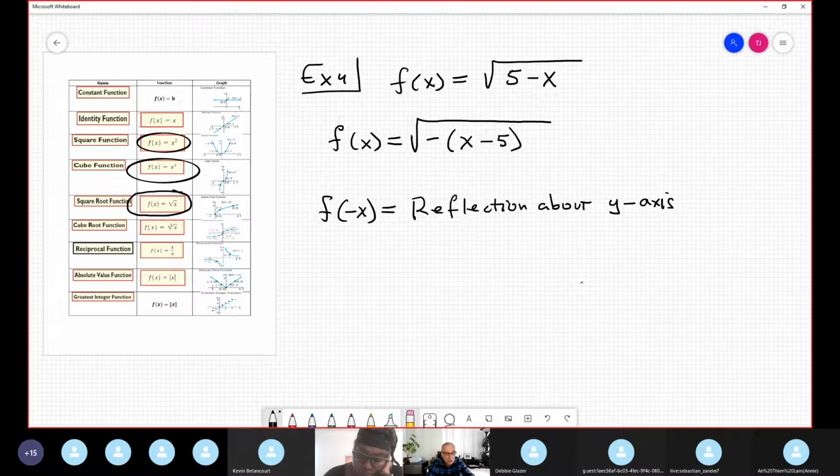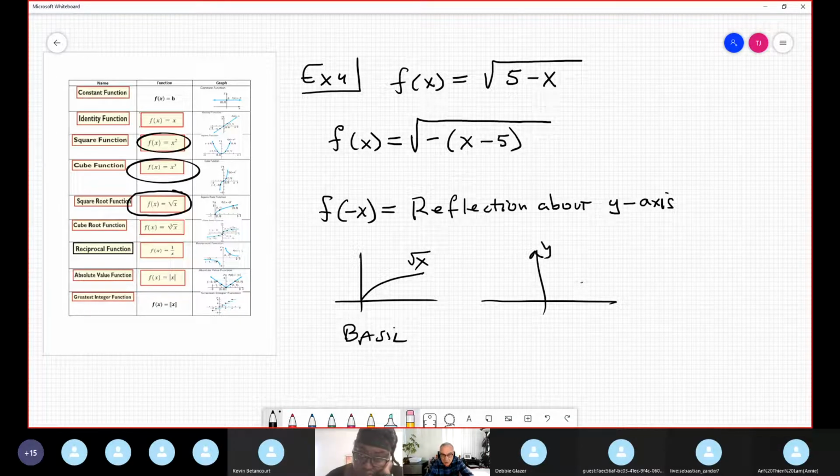So my square root graph looks like that. Look, the original, this is the basic square root. Now after the reflection, I suppose this is the y-axis. This is my new one, square root of -x. So I consider only this negative.